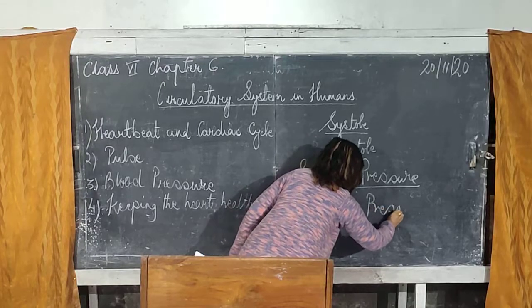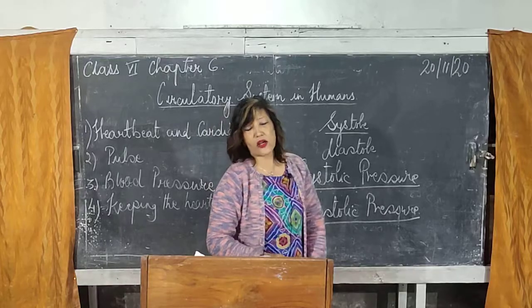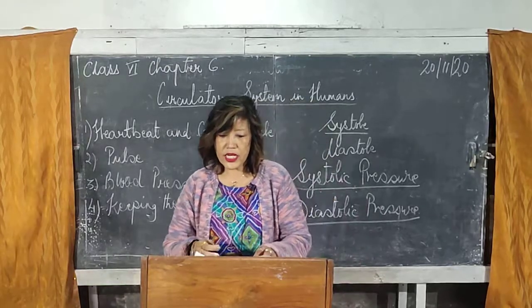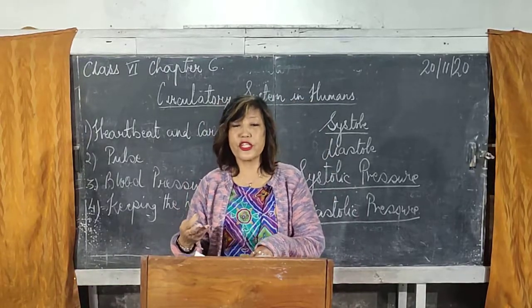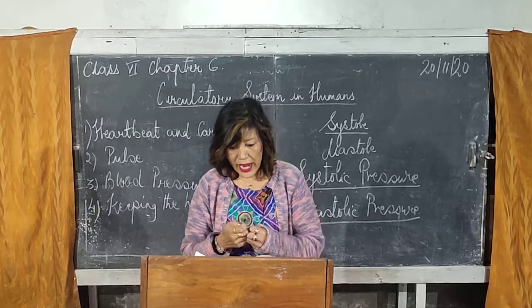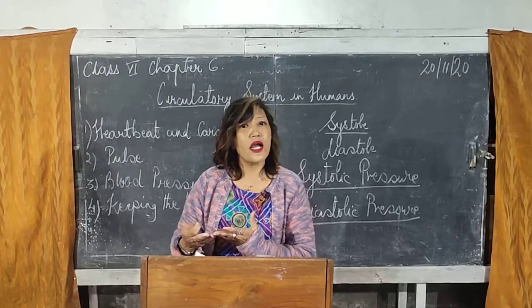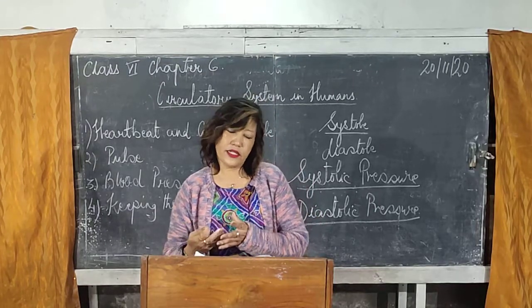So what is systolic and diastolic pressure? Systolic pressure is the pressure produced in the ventricles when they contract and pump blood into the aorta and the pulmonary artery.